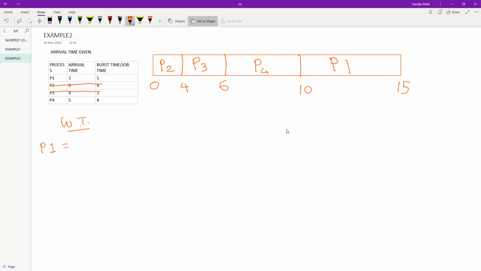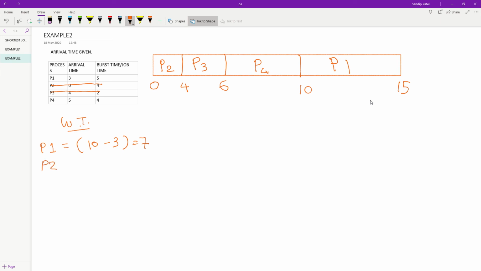The process P1's first response is generated at 10 milliseconds. Here the response is the time at which the process P1 enters the CPU for the first time. That's 10 milliseconds. So 10 milliseconds minus the arrival time of P1, which is 3 milliseconds, so it is 7 milliseconds.